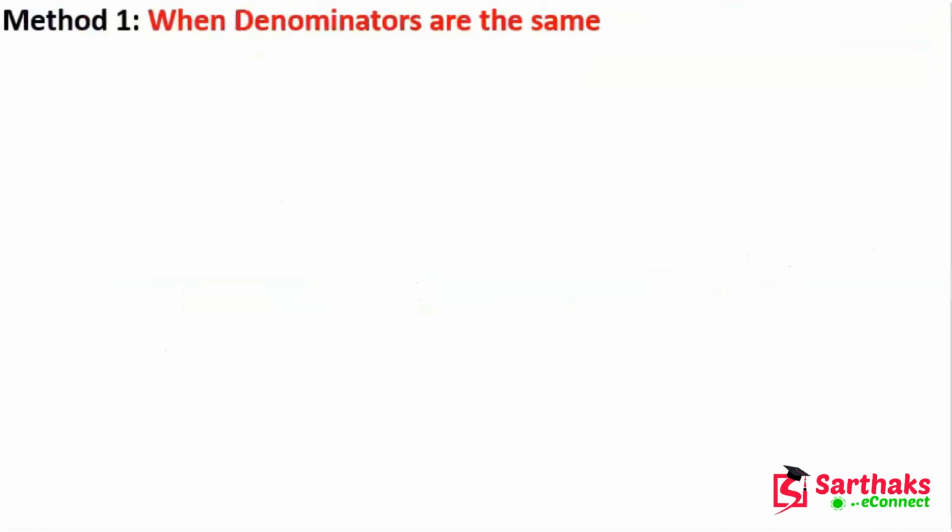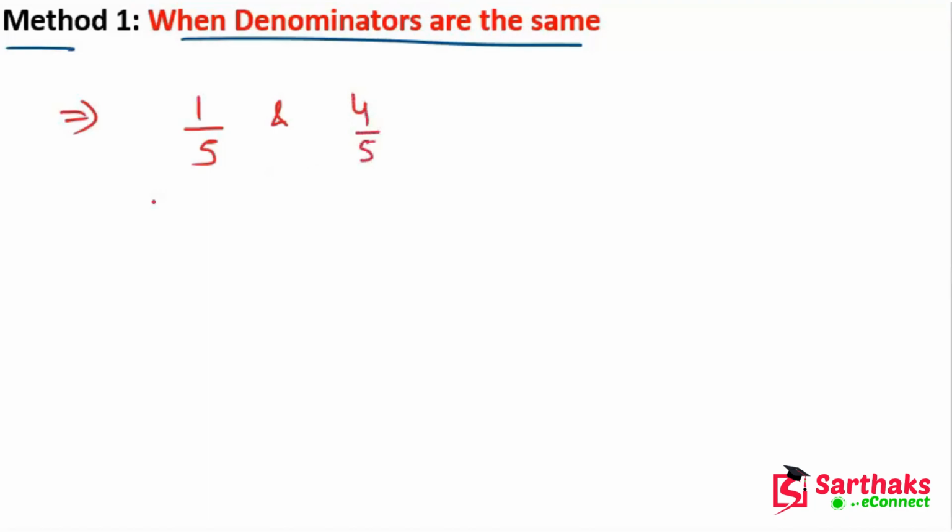So my dear friends, the first method is when the denominators are the same. Let's suppose we have 1 upon 5 and 4 upon 5, and we have to find the rational numbers between these two.